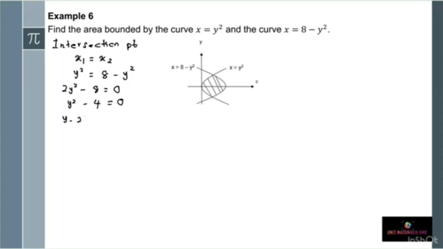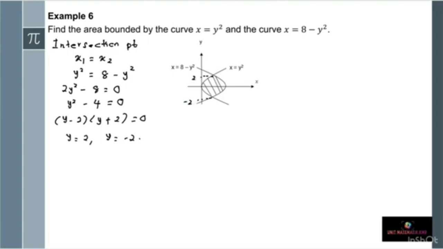So (y minus 2)(y plus 2) equals 0, so y equals 2 and y equals negative 2. So this one is negative 2 and this one is 2.